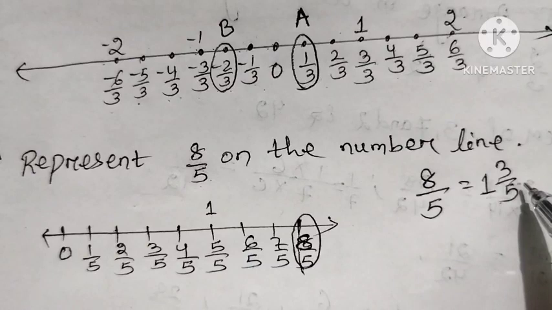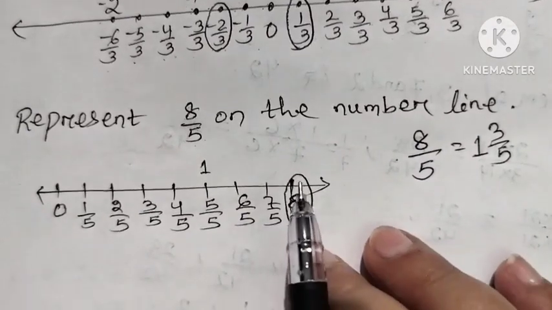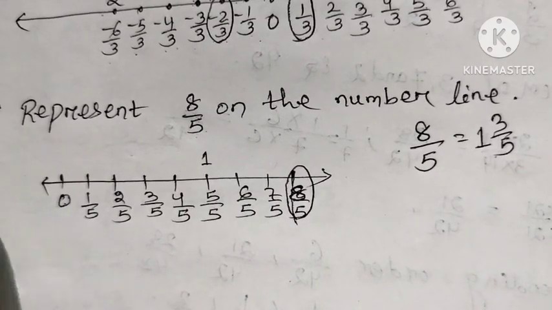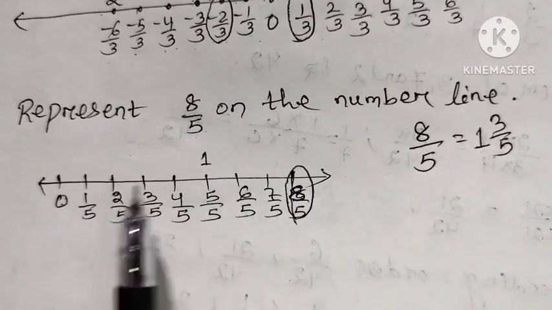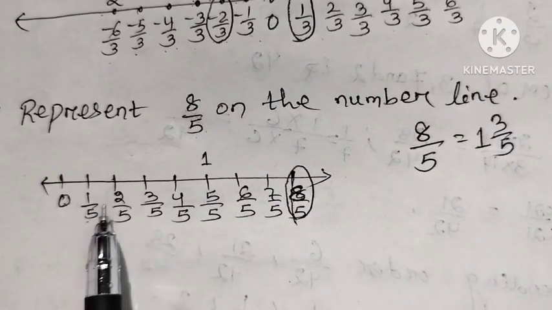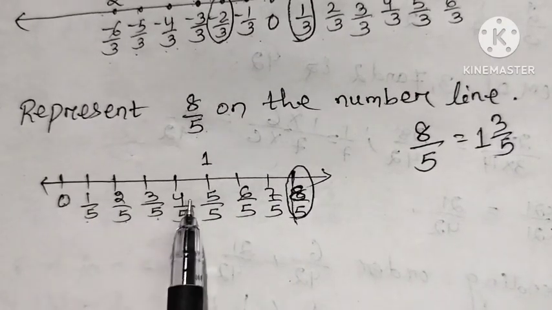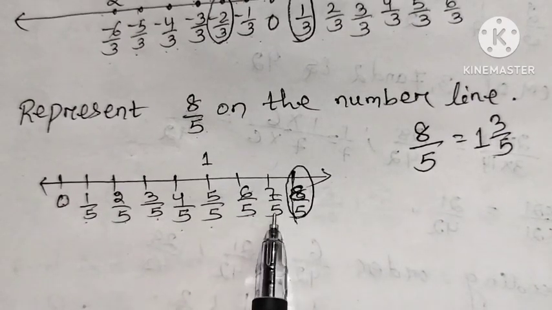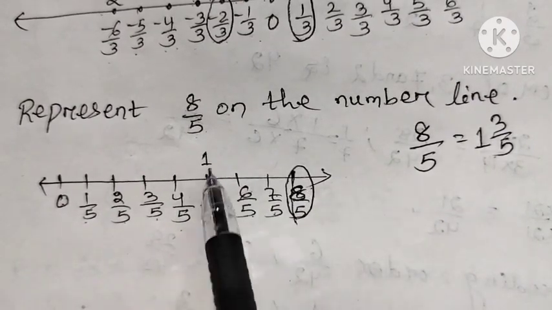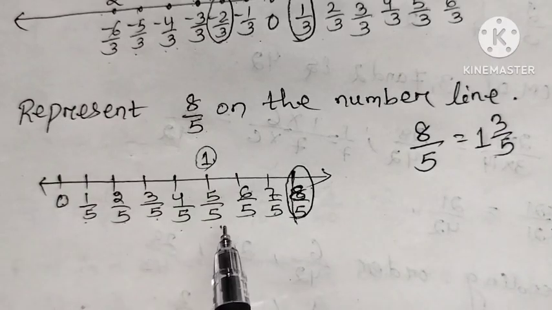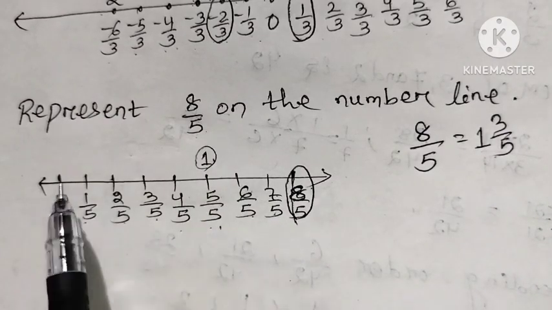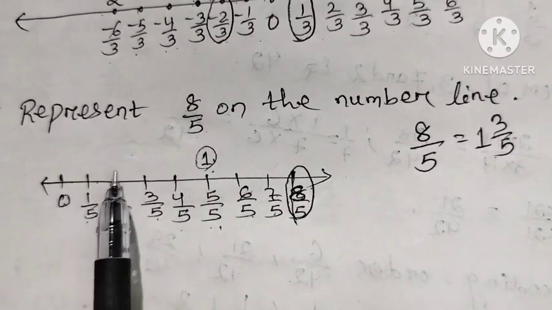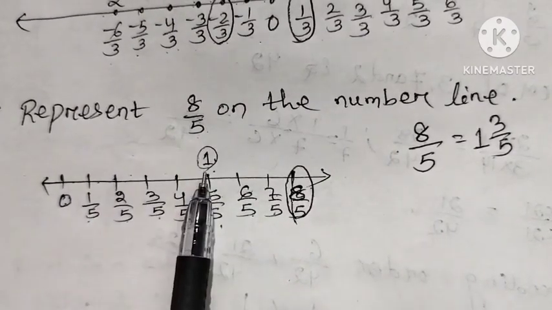It comes after 1. See, 1 and 0, and the negative part also continues, that's why there are arrow marks on both sides. 0, 1/5, 2/5, 3/5, 4/5, 5/5, 6/5, 7/5, 8/5. 5/5 you know is 1. In 0 to 1, how many parts? 5 parts: 1, 2, 3, 4, 5.